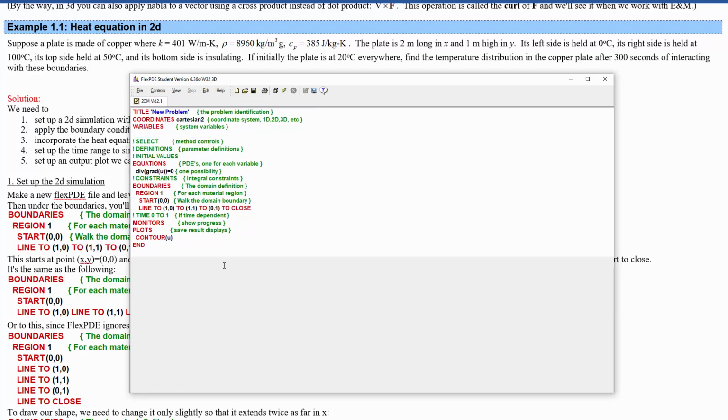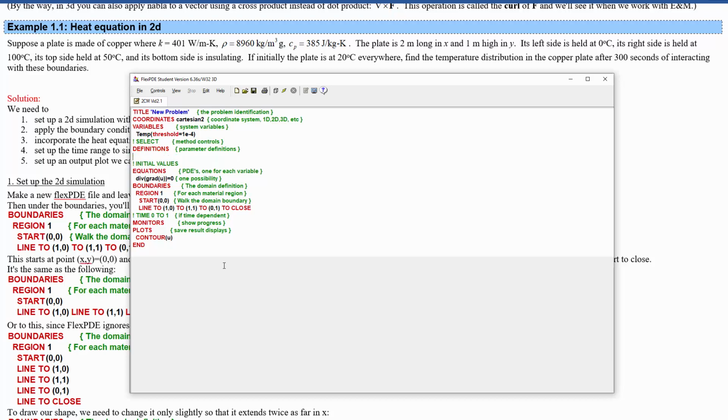We're going to use a variable which is temperature. We can't use just the capital T as temperature because that's reserved for time in FlexPDE. And because it's going to be time dependent, we're going to have to put in a threshold. Maybe 1E-4. And yeah, let's just start off with that.